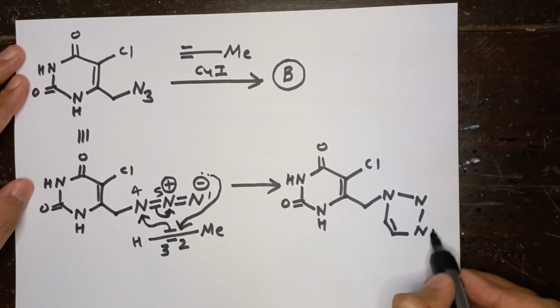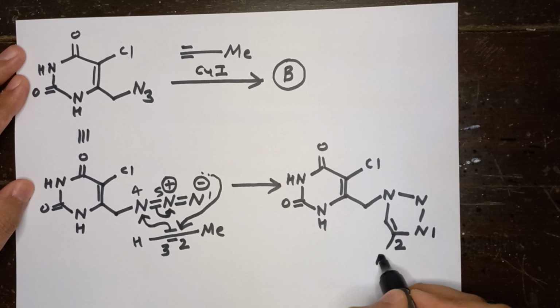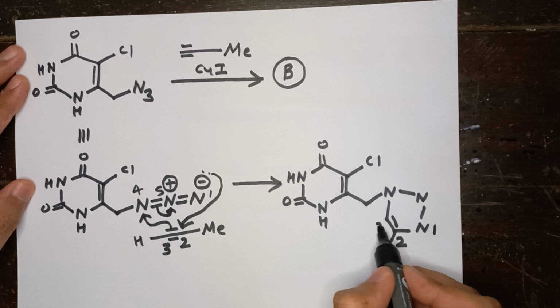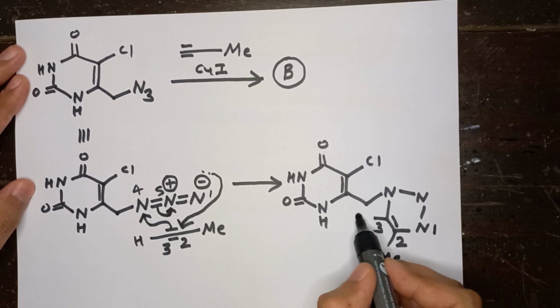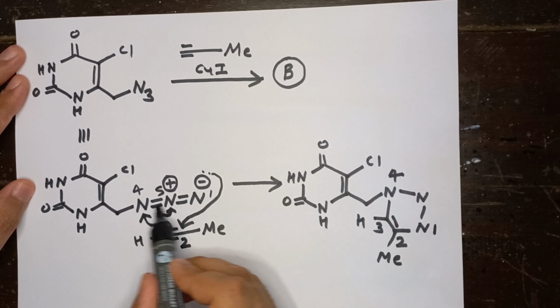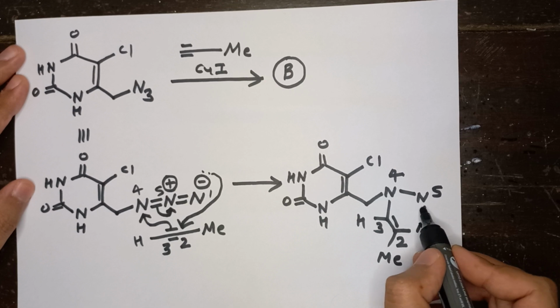So let's say this is my 1. So 1 is attached to 2, which has methyl group. 2 is attached to 3 with a double bond. 3 contains one hydrogen. 3 is bonded to nitrogen number 4. 4 is singly bonded to nitrogen number 5 and nitrogen number 5 is doubly bonded to nitrogen number 1.